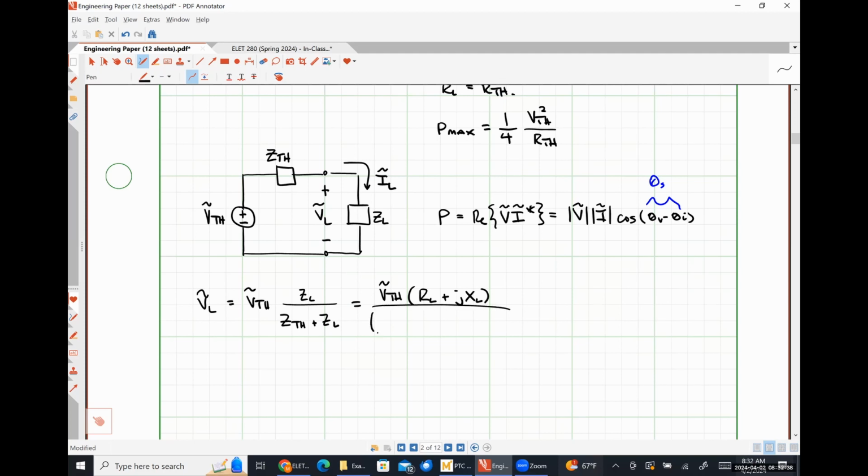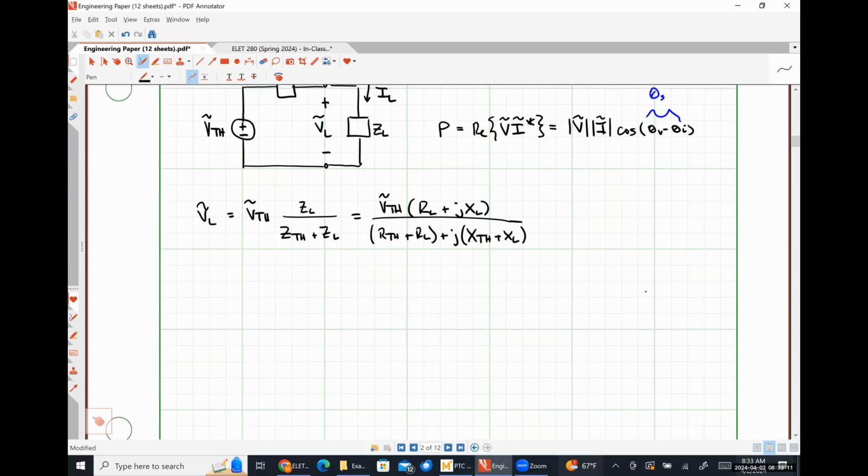So I've just expressed my impedances in rectangular form, and then I added the real parts together and I added the imaginary parts together in the denominator. So now what I need is the magnitude of this thing.